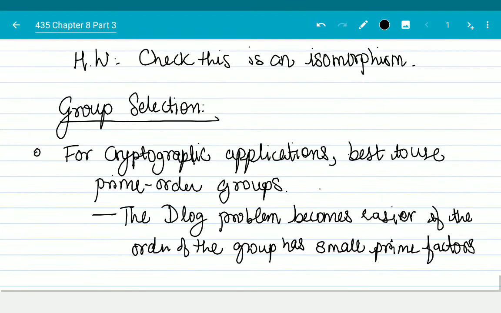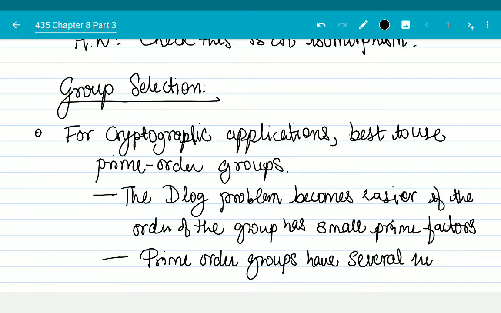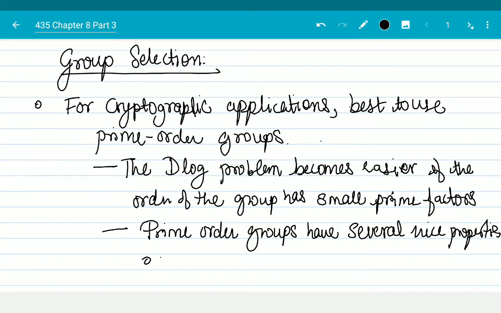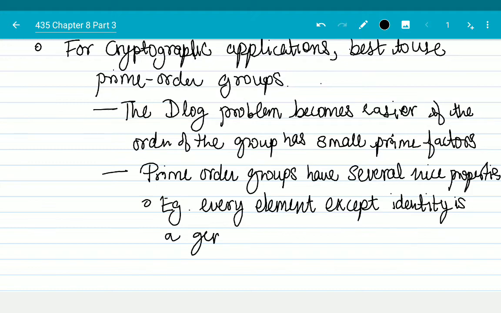There are algorithms which allow you to do this. Second, prime order groups have several nice properties, the most important of which, for example, is that every element except the identity is a generator.